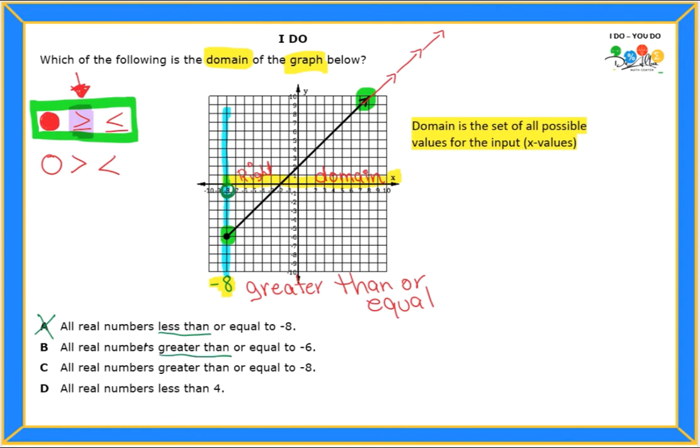Yes, I am. But look at the number they have here, -6. Did I circle -6 on the x-axis? No, I didn't. That's the reason I really suggest you circle the number where your fence stops, because that number is going to really help you when you're trying to decide. So no, that's not right.